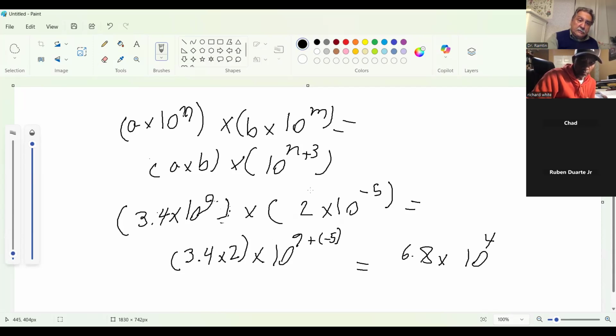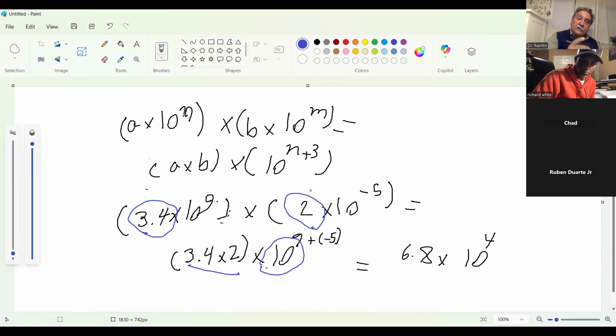So the rule is this. Take the A and B here, 3.4 and 2. Take these two numbers, 3.4 times 2, you get this. Then the base is the same, so I keep the base, which is 10.